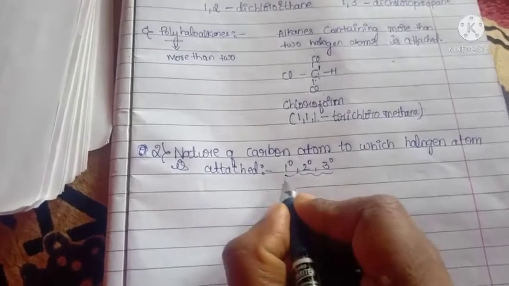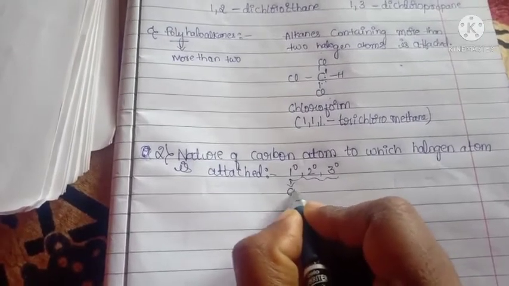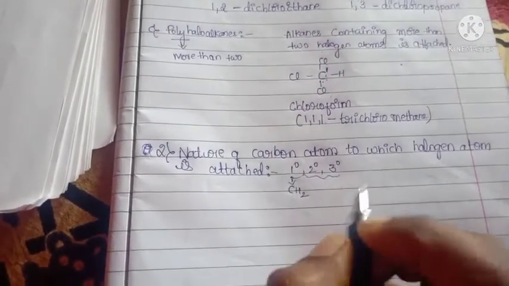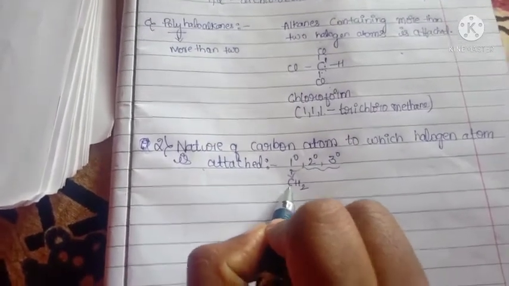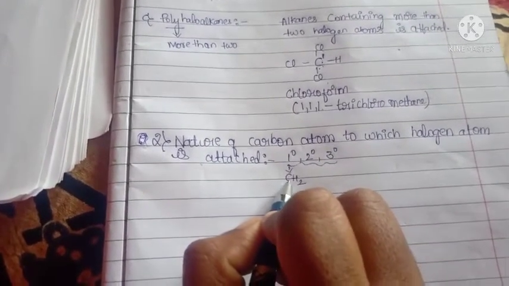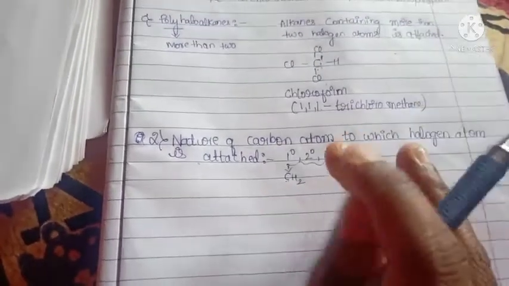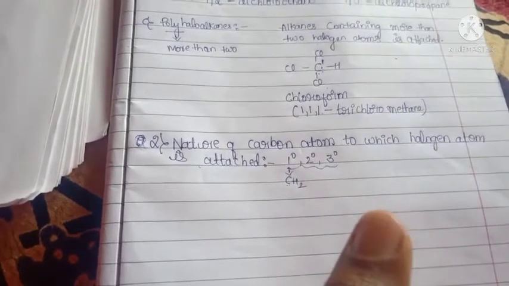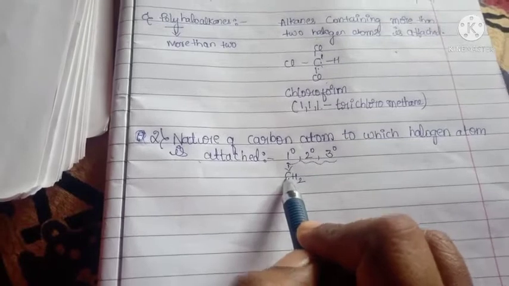For a primary carbon atom, the carbon atom to which the halogen group is attached should contain exactly 2 hydrogen atoms. That is called a primary carbon atom.